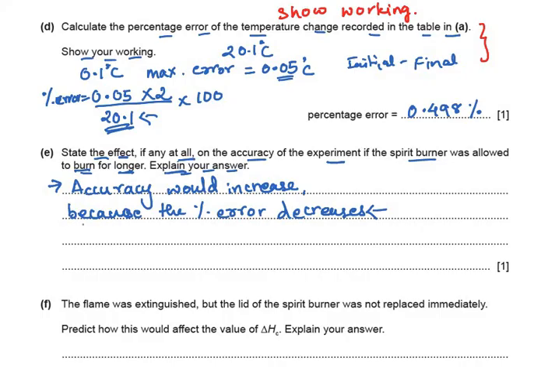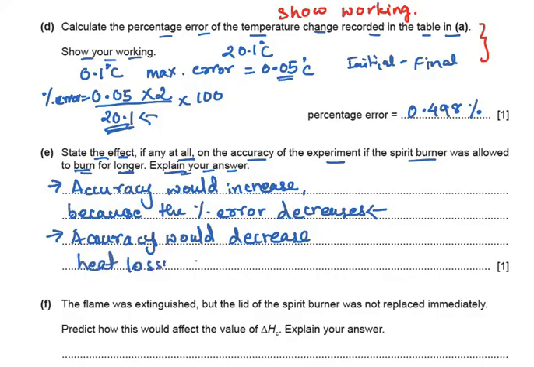And this is one part. But the second possibility is that accuracy would decrease. Now you can answer any one. The only part is that the reason given should be the correct one according to your answer. If we say accuracy would decrease, then there should be a valid reason, and the reason is that if we heat the water or the burner for longer, the heat loss will be more for the experiment.